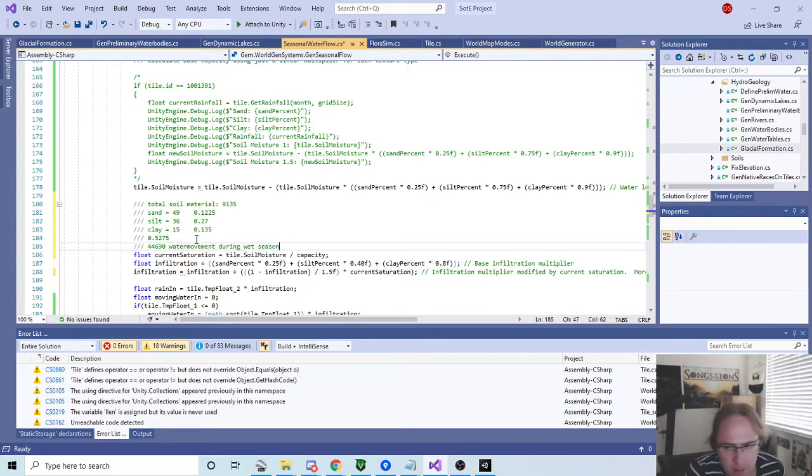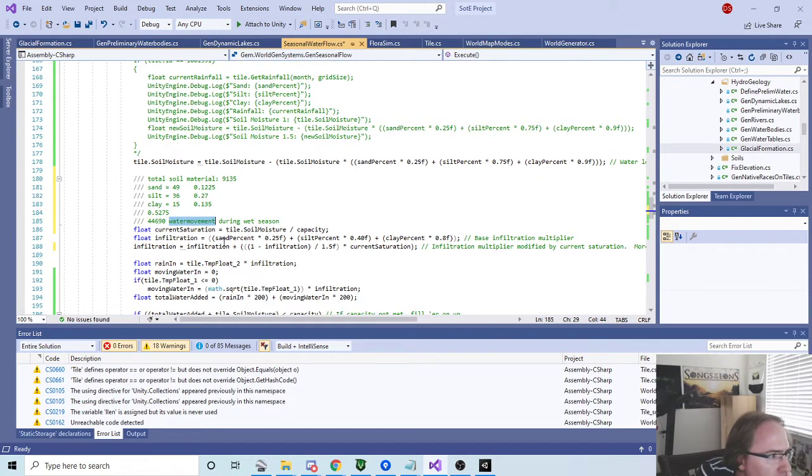During wet season, I think we're not adding water movement into the soil sufficiently. I mean, this is problematic, but I don't think this is the cause. We'll need to revise how much is leaving the soil, probably, because losing half our soil every single tick is not, no, that's not gonna work.